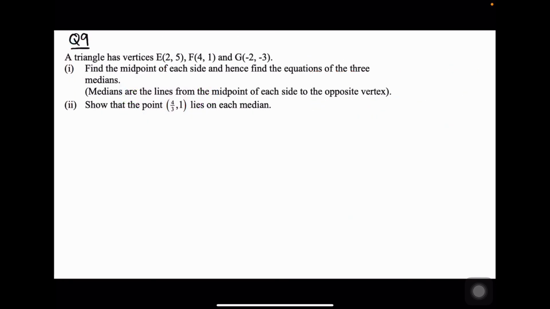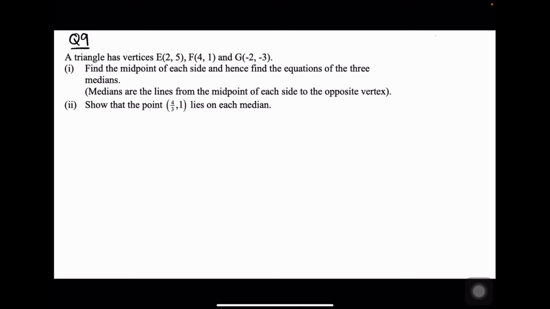Question 9 is a coordinate geometry question. One thing I'll say with these questions, and with most mechanics questions as well, I know this isn't mechanics, I think the first thing you should do is always draw a diagram based on what the information is telling you.